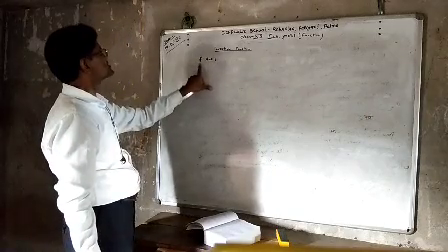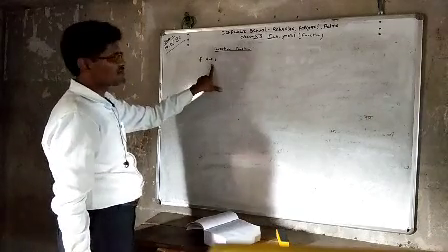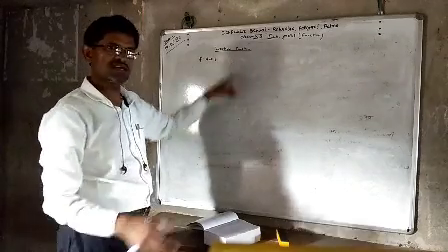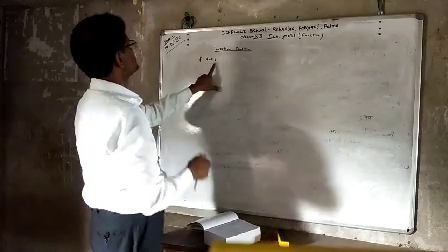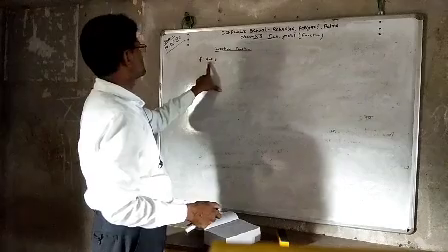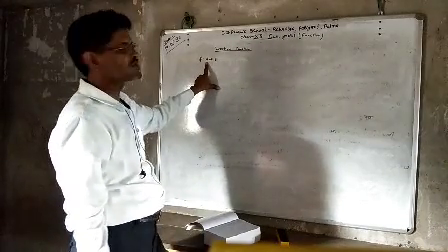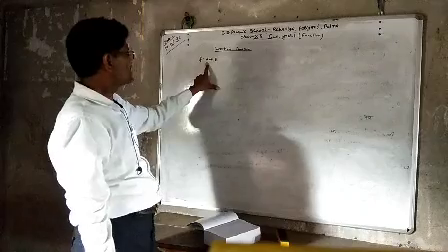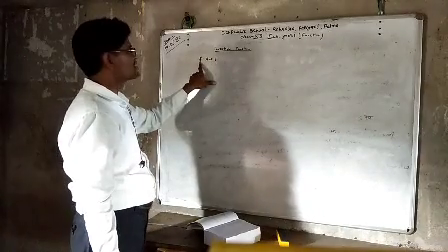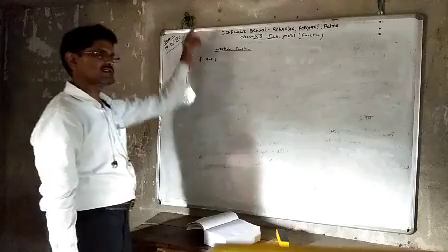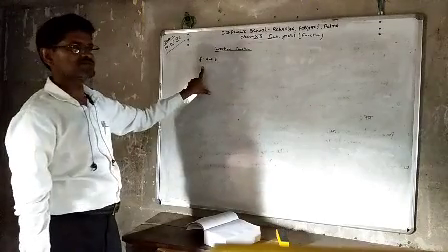If the function is one-one and onto, then we can find a function whose domain is B and codomain is A. Then that function is called the inverse of the function f, and f is called an invertible function.